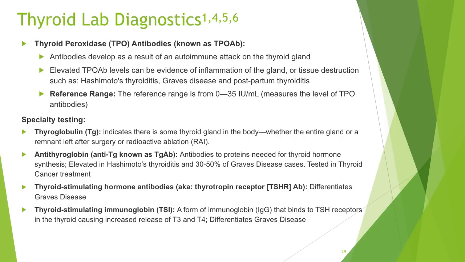Additional lab studies you can do for the thyroid gland are the thyroid peroxidase antibodies, or TPO antibodies. These antibodies develop as a result of an autoimmune attack on the thyroid gland, so they're helpful in making a diagnosis of illnesses such as Hashimoto's thyroiditis or Graves' disease, and that reference range is from 0 to 35 international units per milliliter.